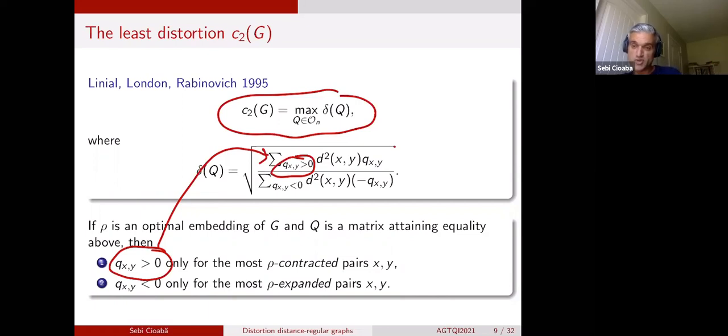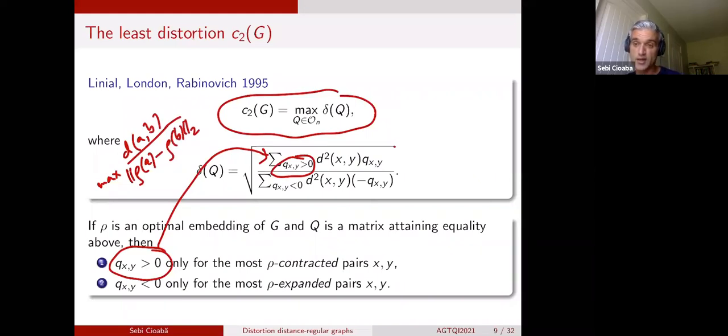Remember that the contraction of rho was the maximum of the distance of xy. So over there, you're only going to have pairs that maximize the distance in the graph. Let me put here different a and b, divided by rho of a minus rho of b divided by d(a,b). So that's what comes up in the top.